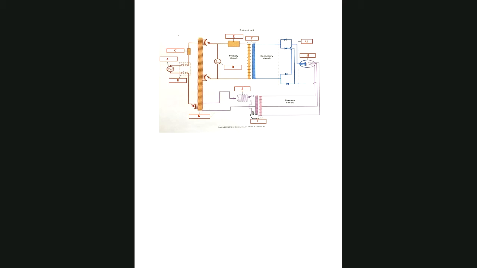Down here, we have the filament transformer, or the step-down. You see how we have lots of windings on the primary side and very few windings on the secondary side. So we know that means the voltage is going to be reduced on this one. If the voltage got reduced, what happens to the current?